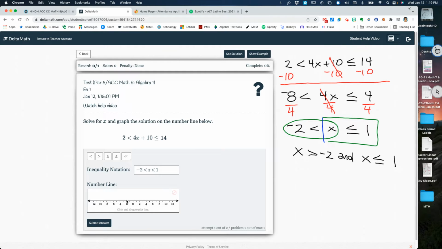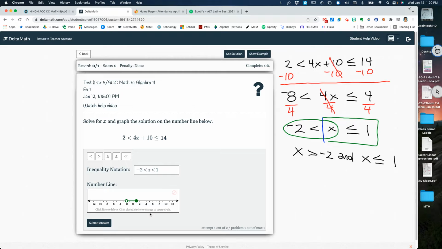So negative 2, we have to make the number line now. Negative 2 to positive 1, and just click and drag. Then one of these has to be open, which is at negative 2, and one of them is solid at 1.